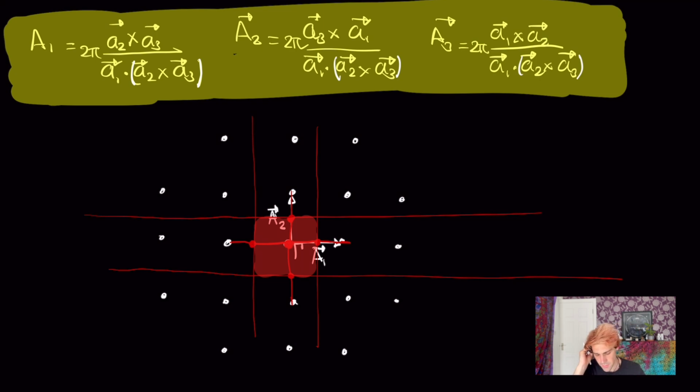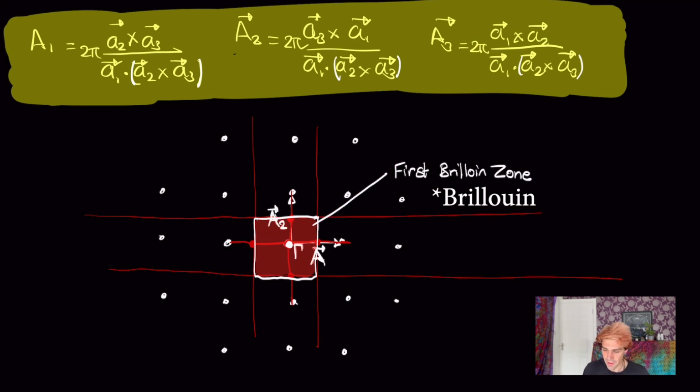But in reciprocal space, we consider the point around the origin as having the most significant Wigner-Seitz cell, and it actually has a name. This region right here, the Wigner-Seitz cell in reciprocal space about the origin, is known as the first Brillouin zone.